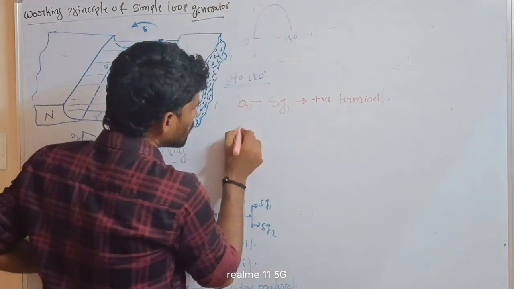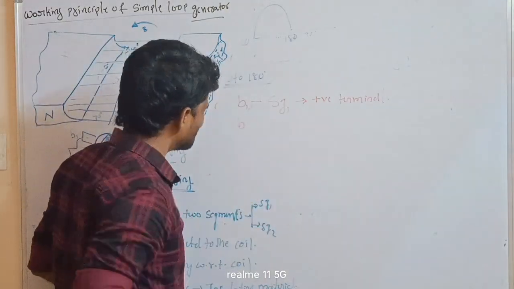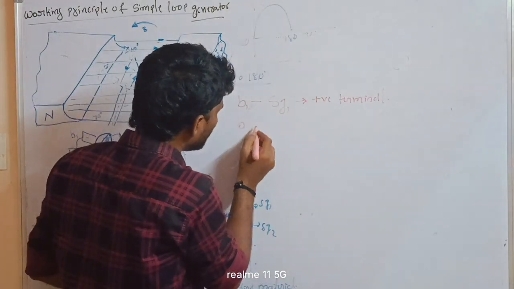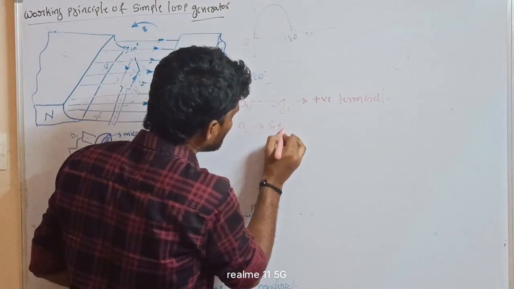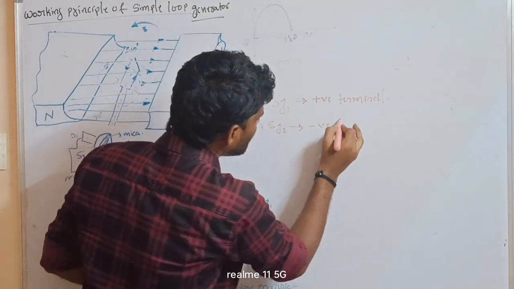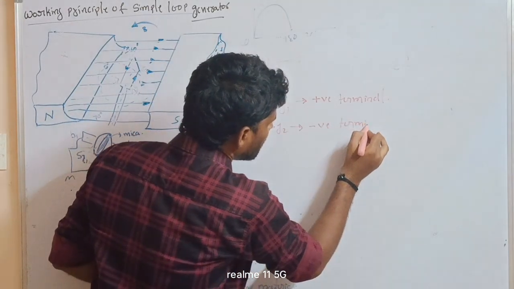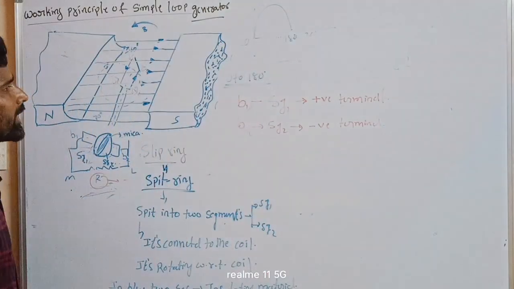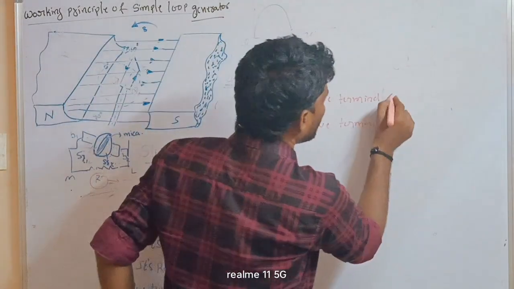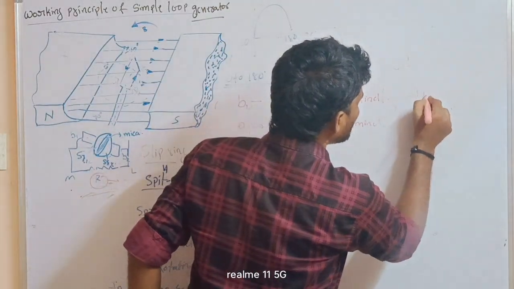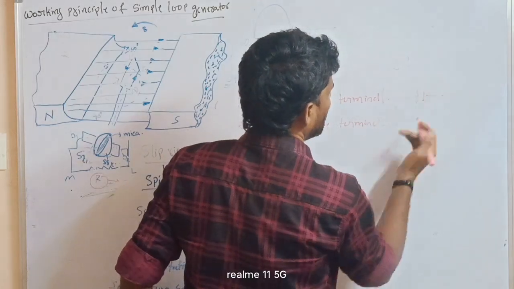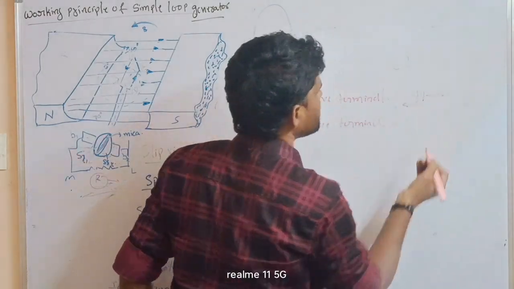So B2 is connected to segment 2, the negative terminal. For the current flowing direction, positive to negative or negative to positive?